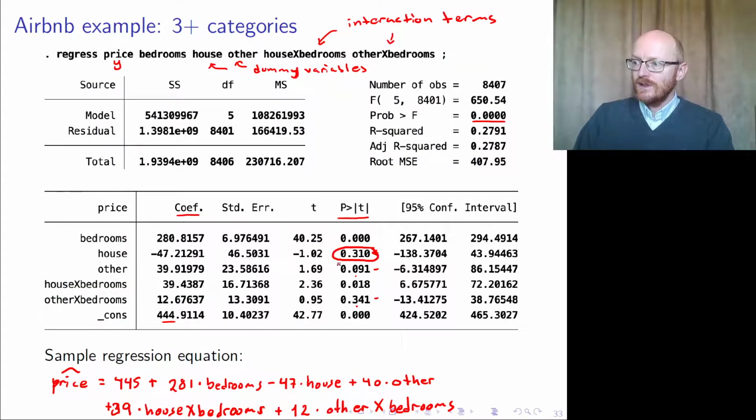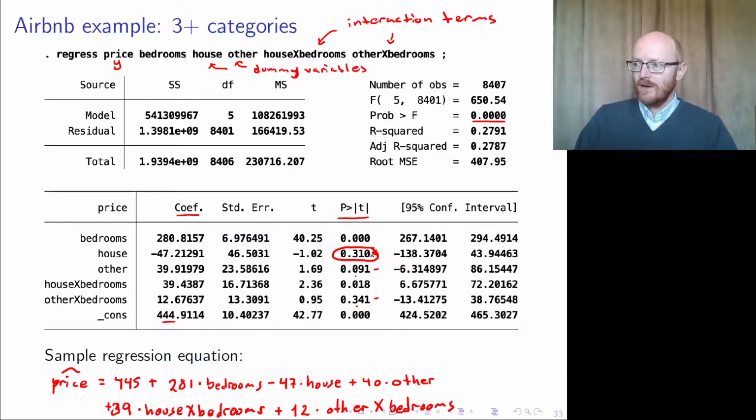Okay, and if you want to compare house to other, for example, and get a statistical test, then you would choose other as a base case, or you would choose house as a base case and make a dummy variable for the other property types.